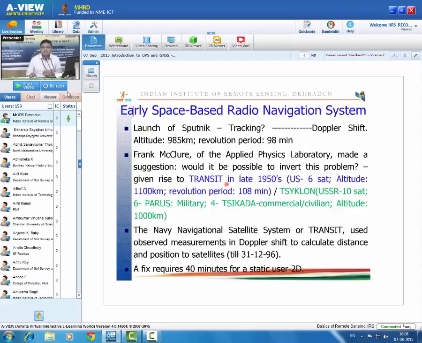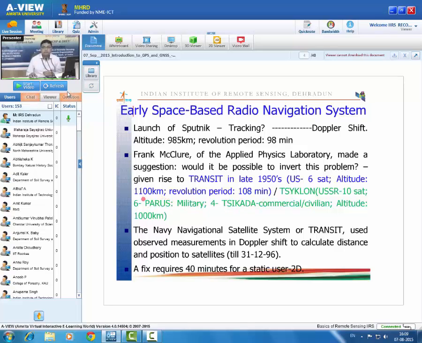When Transit was developed, parallelly another system known as Cyclone was developed by Russia. This system consisted of 10 satellites, and the Russian system was divided into 2 systems called Parus and Cicada.